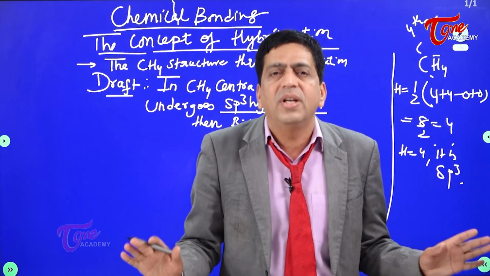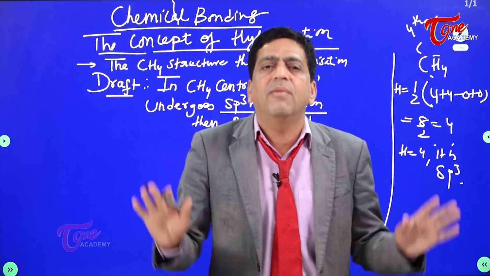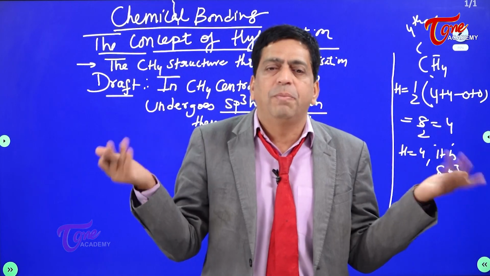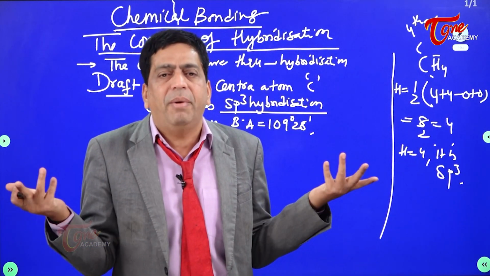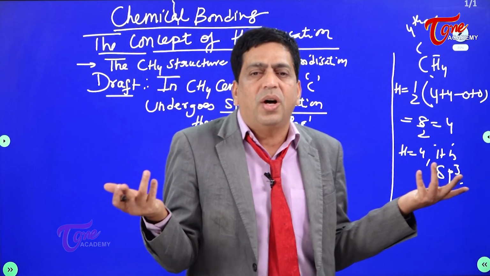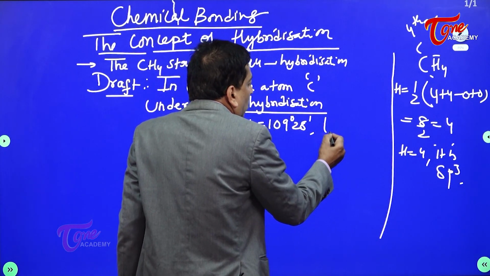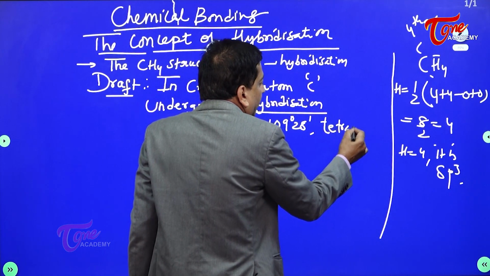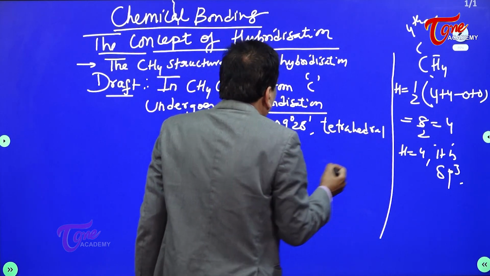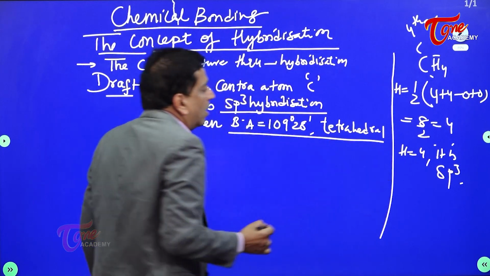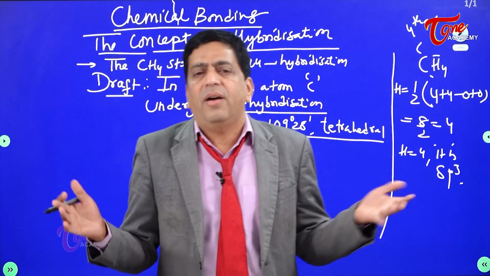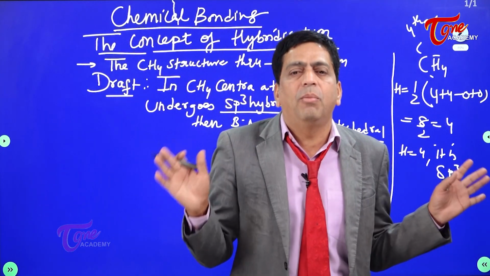We don't move in that direction. I will call the partner for participating in bonding. So when it is sp3, hybrid orbitals have better directional properties. So I am sitting in directions of 109 degrees 28 minutes and the shape is also fixed, that is tetrahedral. Everything is fixed before bonding itself. And I have fixed hybridization also using the formula, right?